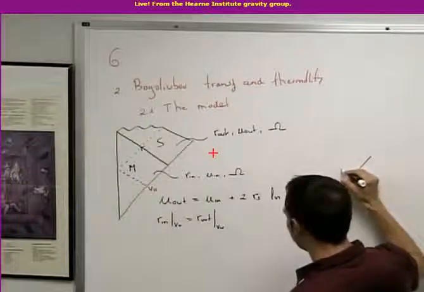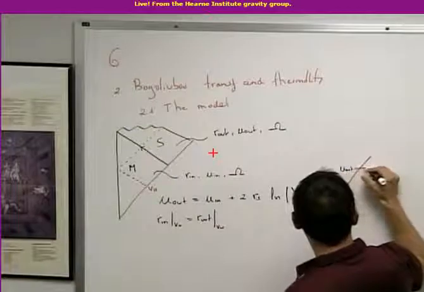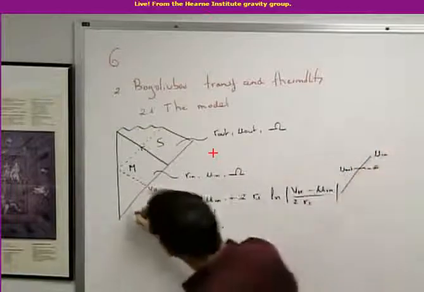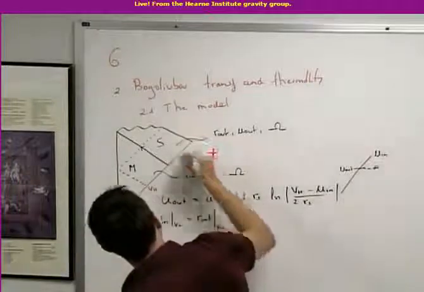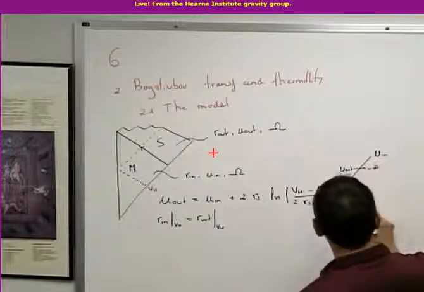I was pointing out that when u out goes to minus infinity, u in and u out have a linear relation. And then there is the regime where u out goes to plus infinity.